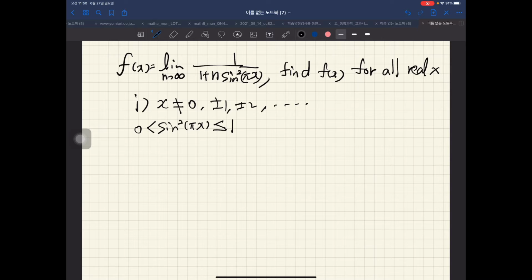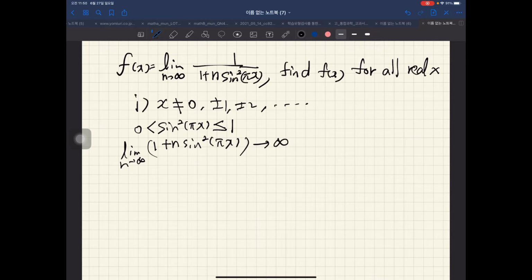However small it is, when we multiply by n and apply the limiting process, it becomes infinity.